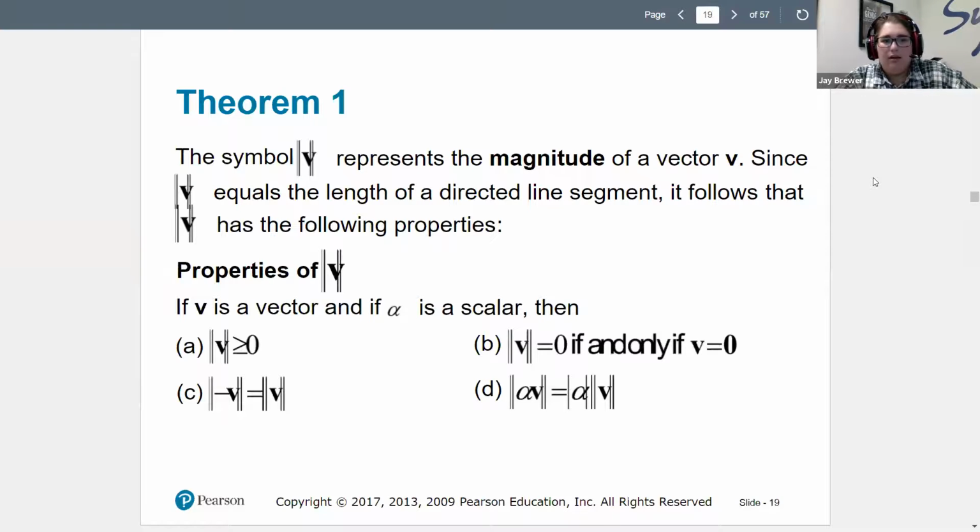The magnitude of negative v is equal to the magnitude of v. And the magnitude of alpha v is equal to the absolute value of alpha times the magnitude of v. Any questions on that theorem? I assume we're going to have some examples on it.